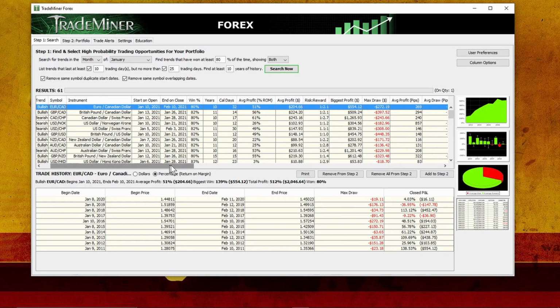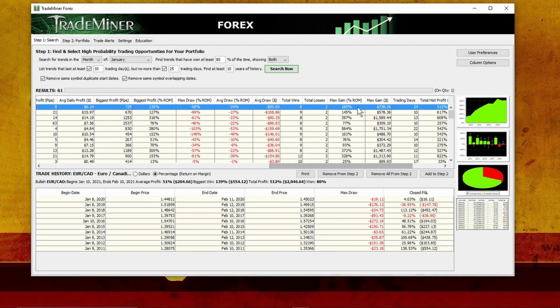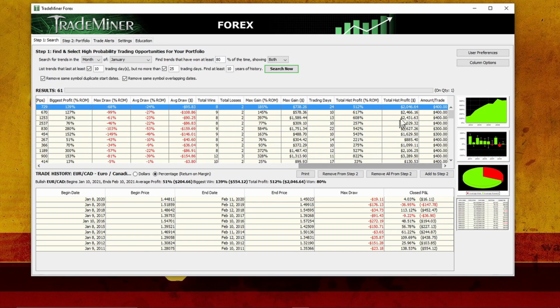There's a lot of information over here, as far as max gain, max drawdown, max draw on margin, and total profit, historical profit.